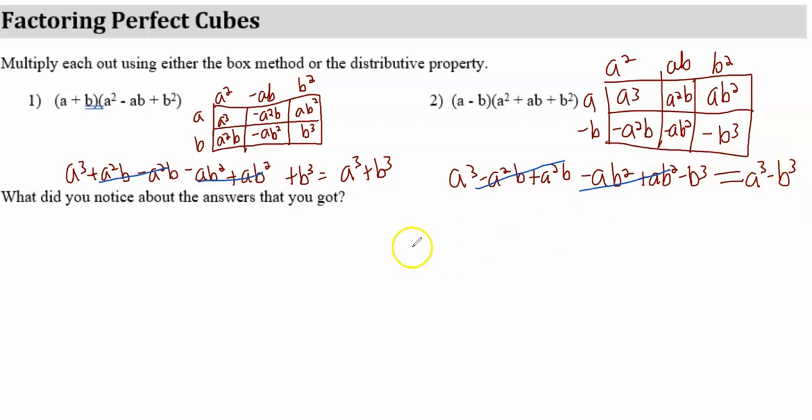And that's what I end up with. So what we notice about our answers is I have a cubed, b cubed, a cubed, b cubed. So I have only cubic terms.